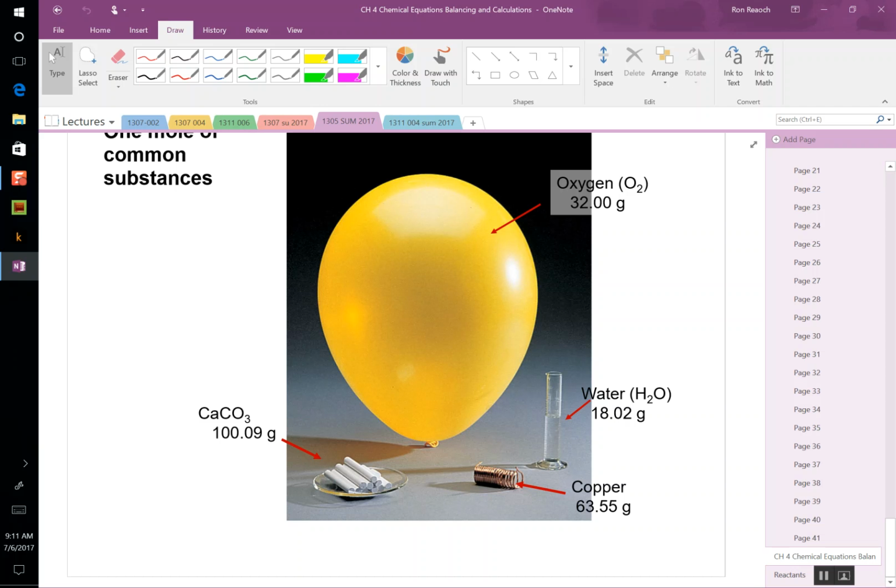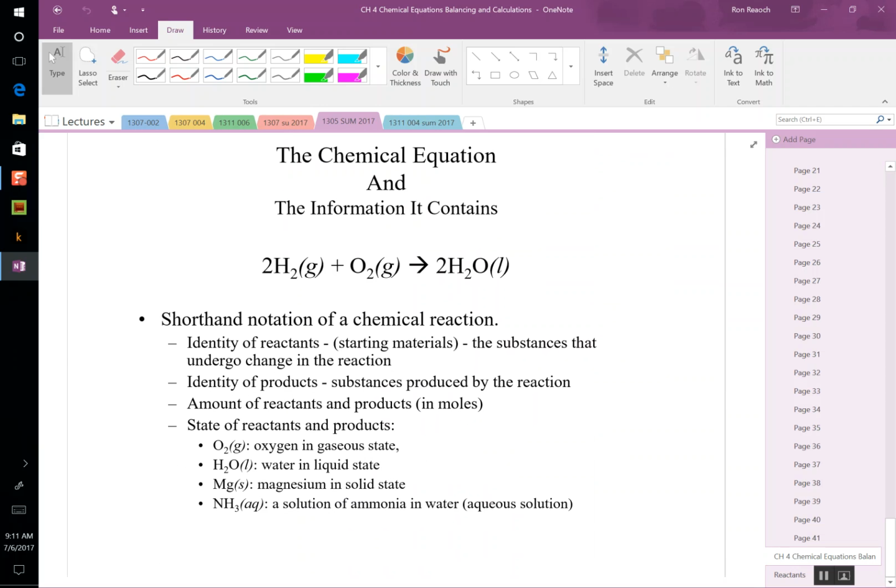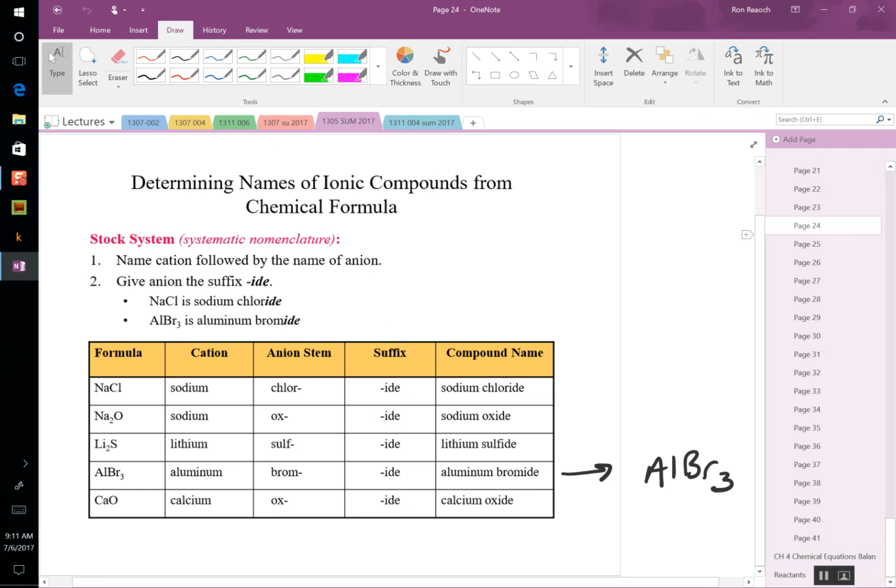We were looking at what a mole of different things looks like. You've got slides here, and I'm not going to dwell on these. They're repeating what I went through with the aluminum oxide example, but you've got slides here to go back and look at them.